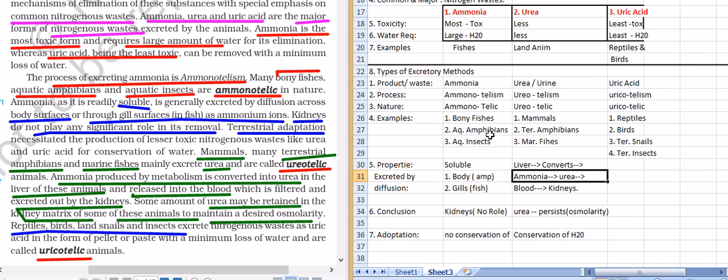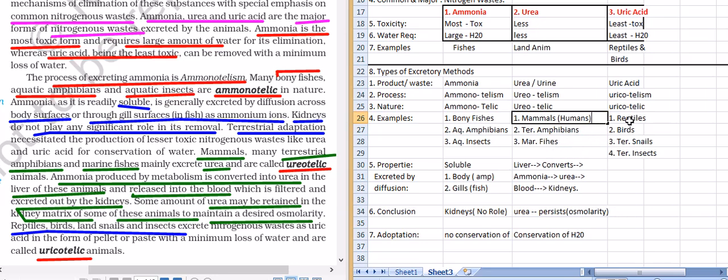Okay, general spiders will be floating in the water. They will be present near the water. Amphibians, bony fishes. Mammals, including humans. Cows, buffaloes. Amphibians, frogs, salamanders. Marine fishes, especially.